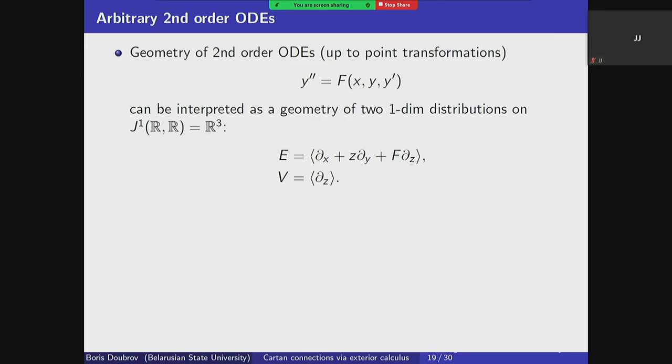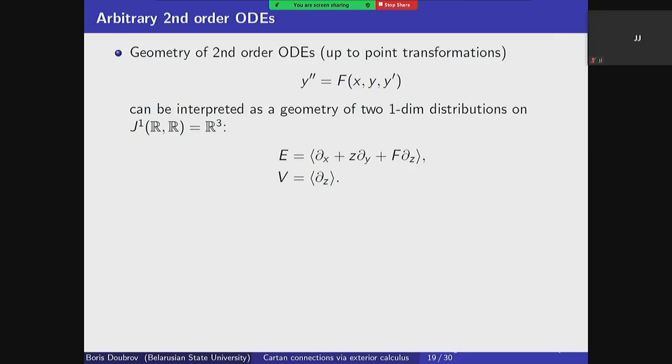And then it's a fairly elementary reasoning to say that two such equations are equivalent under an arbitrary change of coordinates x and y, which is commonly called point transformations in the geometry of ODEs, if and only if these pairs of directions are equivalent.